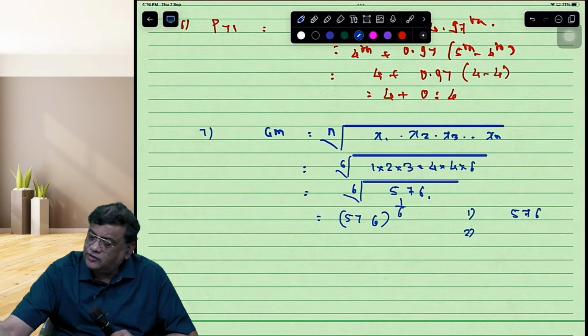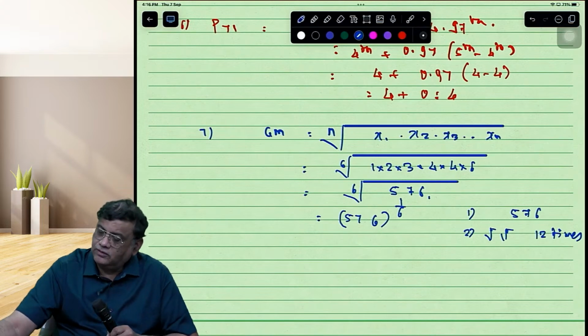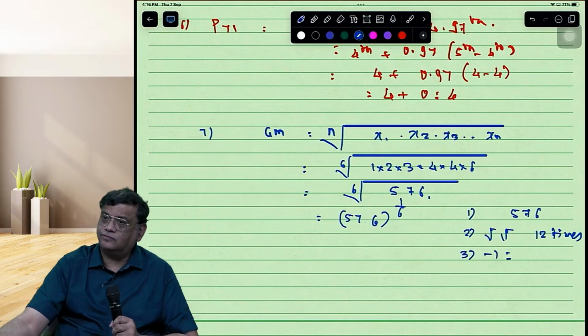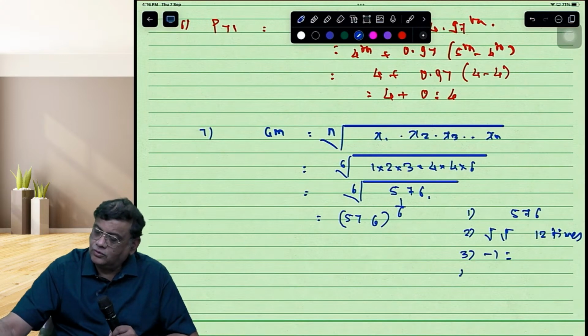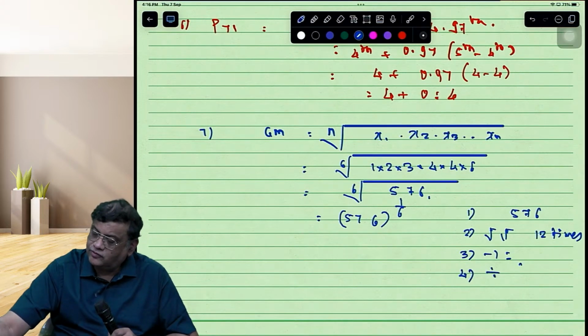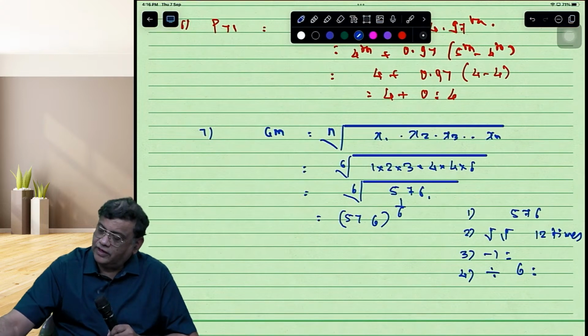Then you have to press root 12 times. Then you have to say minus 1 equal to, उसमें से 1 को सब्ट्रैक्ट किया. Then you have to divide by that 6. Then whatever you have got, add 1 to that.